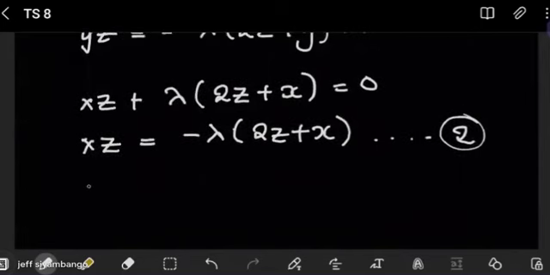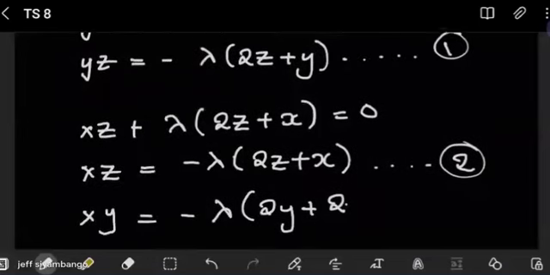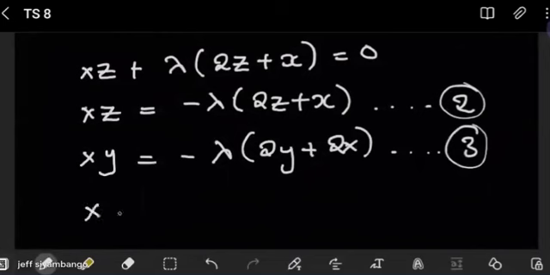You should see that the next one is going to come out as xy is equal to minus lambda (2y plus 2x). The fourth one is going to be xy.